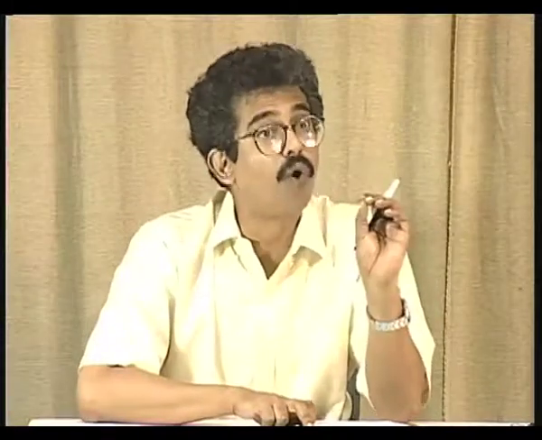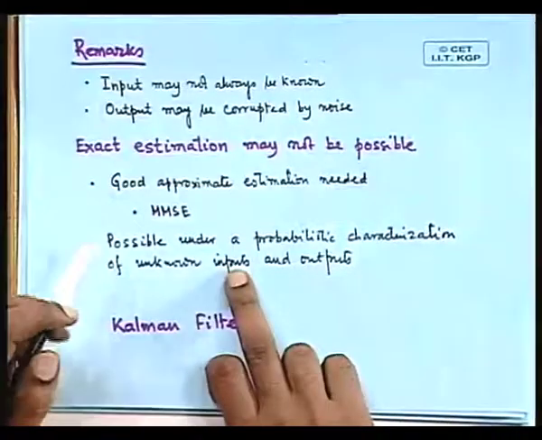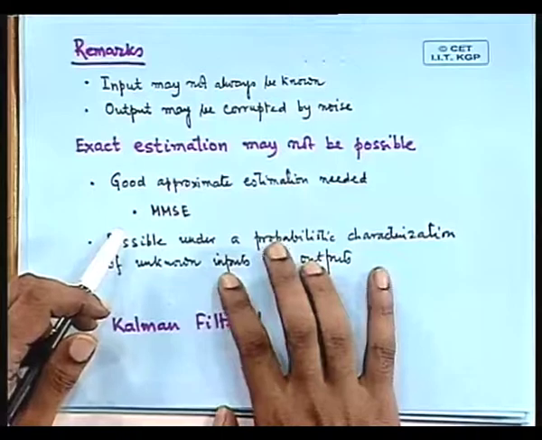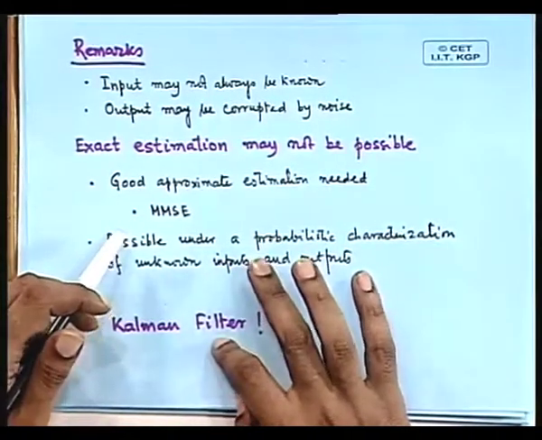Like previous times we will still assume that is the known part, but there is something more on that, and for that we will assume a probabilistic description, because if we have no description then we cannot produce any result. So we will use a probabilistic characterization of the unknown inputs and outputs, and as we shall see in the next class, that will lead us to the Kalman filter.